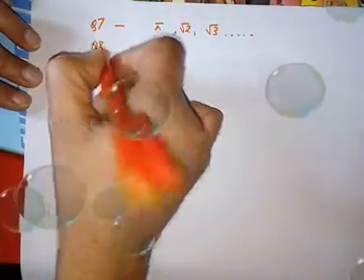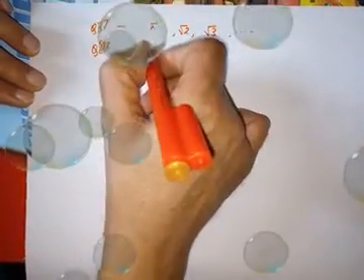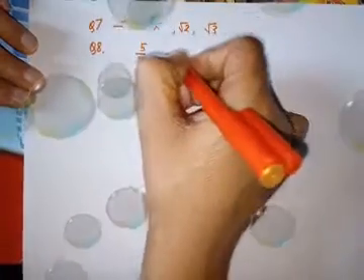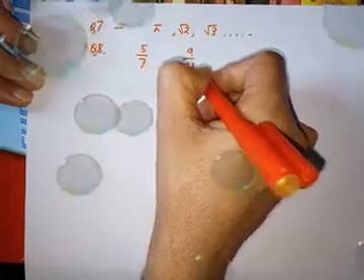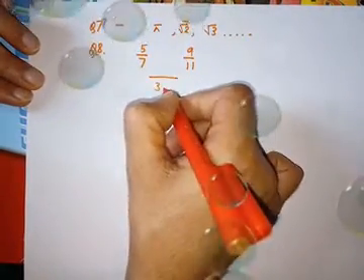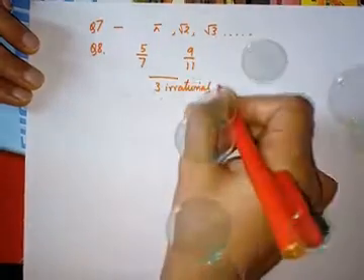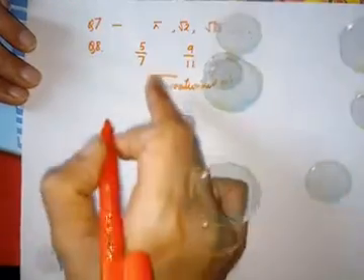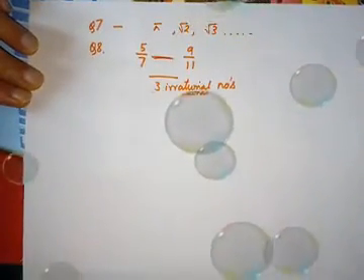Moving to question number 8. Now question number 8 says there are two numbers. One is 5 upon 7, a rational number in fact, and the second one is 9 upon 11, and we have to write three irrational numbers between these two rational numbers.